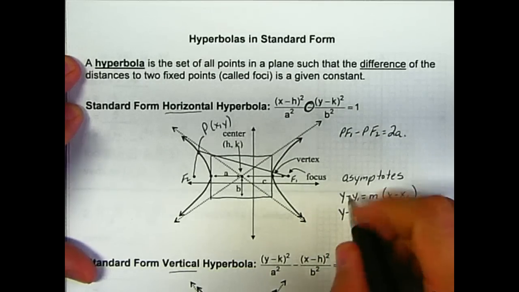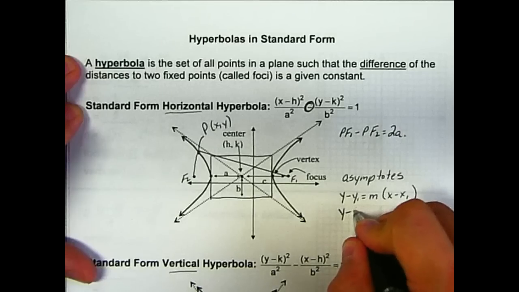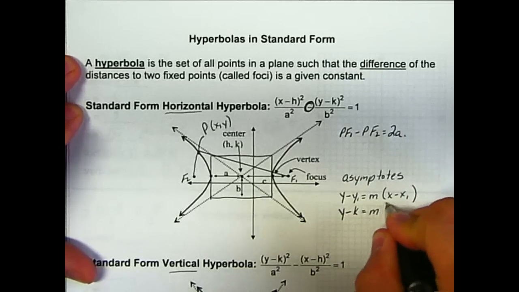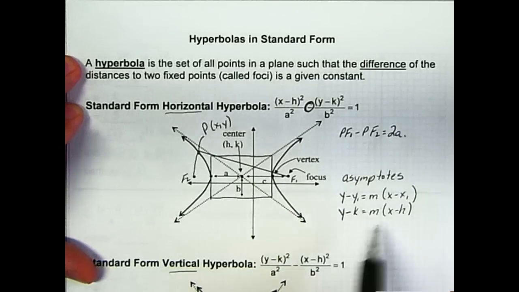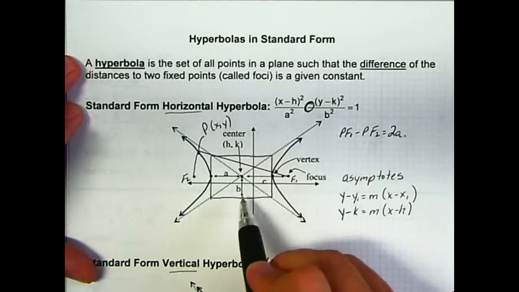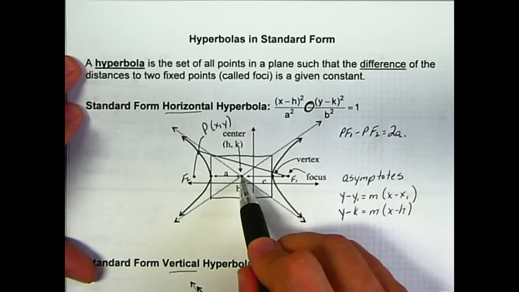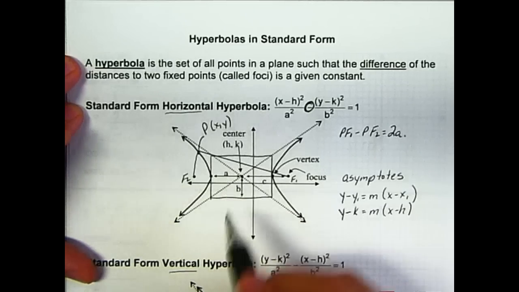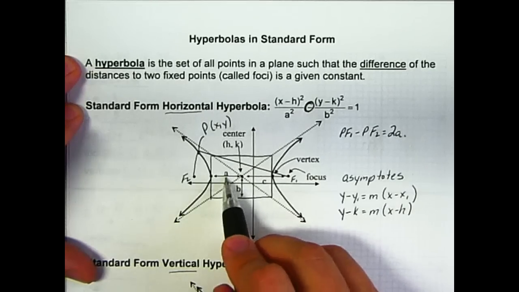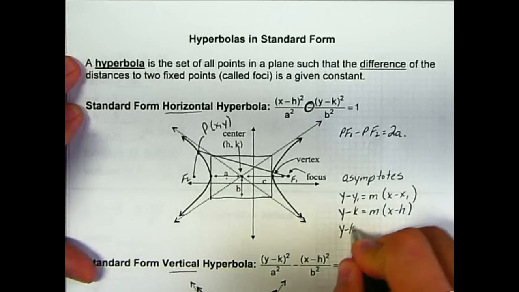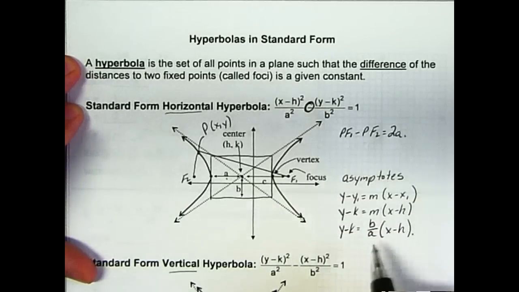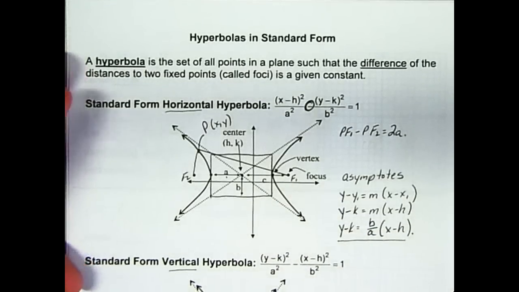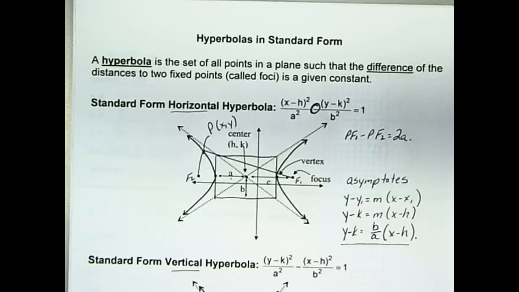So y minus k, and the slope is already inside of that box too, because I can see that the slope is going to be the rise over the run, or the b over the a. Okay, so this is a good way to find our asymptotes. So let's give that one a try.